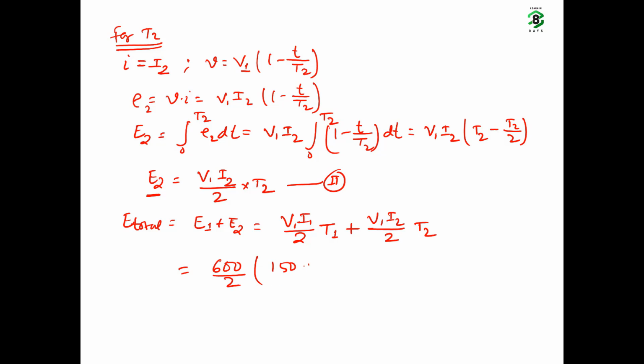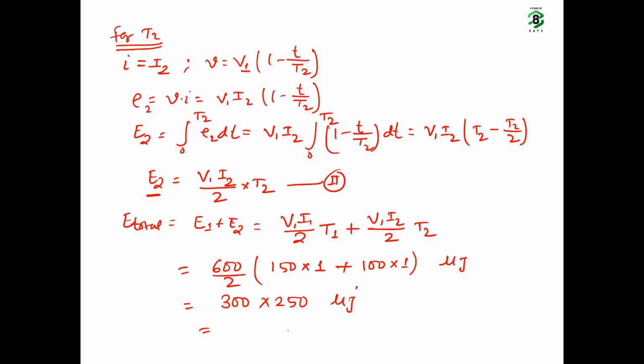I1 is 150 ampere, T1 is 1 microsecond. Similarly I2 is 100 ampere and T2 is 1 microsecond. So it is microjoule, because voltage is in volt, current is in ampere, and time is in microsecond. Here 300, 250, 150 plus 100 is equal to 250, this much of microjoule.